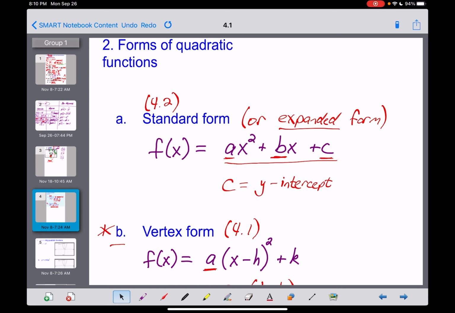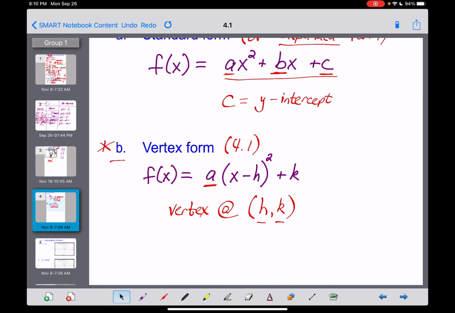So we really need to understand that h and k are pretty important values. h is the number that's being subtracted from x inside the parentheses. k is the number that's being added, not subtracted, but added at the very end of the function.